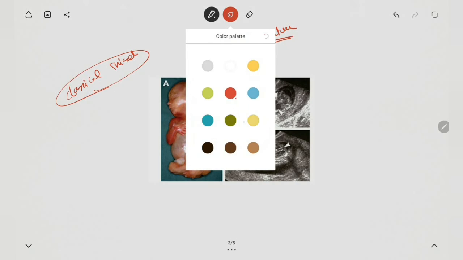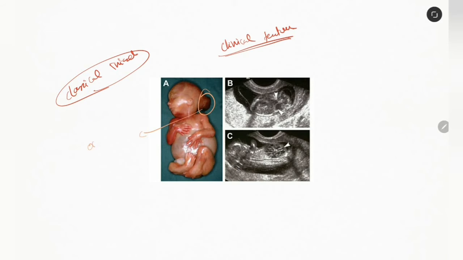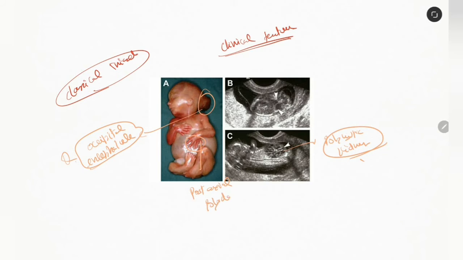The triad is comprised of: one, an occipital encephalocele, which means that your brain and meninges come out of a defect in the occipital bone, hence it is called occipital encephalocele; and then you may have polycystic kidney disease, or you may have post-axial polydactyly.